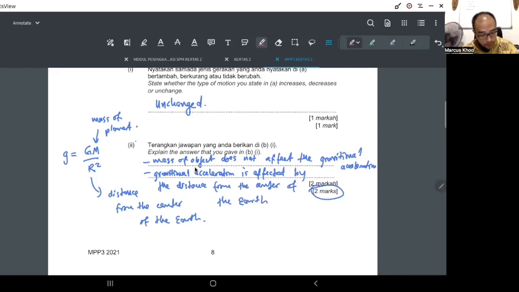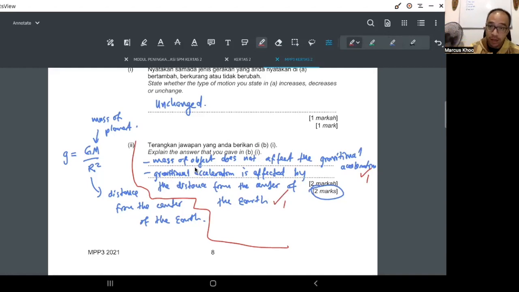So this is 1 mark, and this is the other mark. The gravitational acceleration is only affected by the distance from the center. Of course, the mass of the planet too, but we're assuming that all of this is Earth. So it's only affected by the r. How far you are away from the Earth's center is what affects the gravitational acceleration.